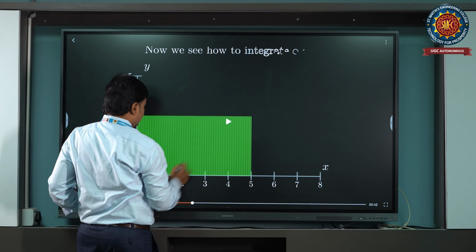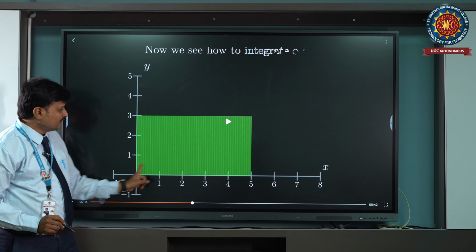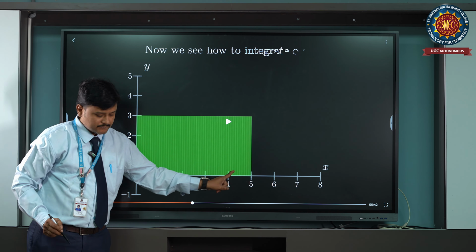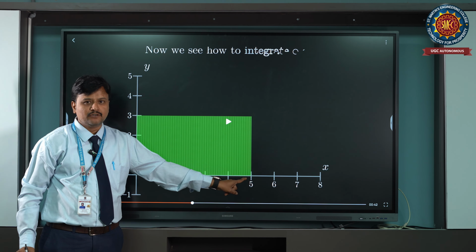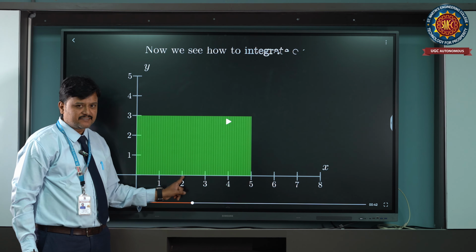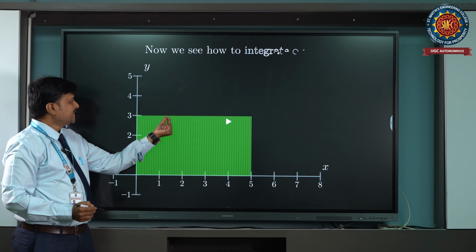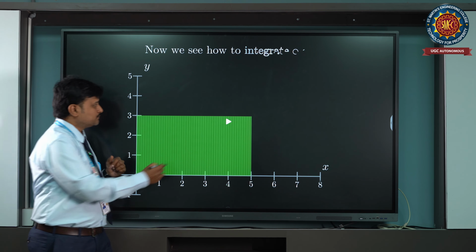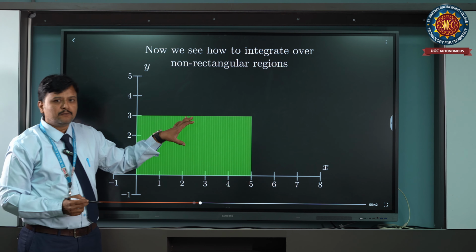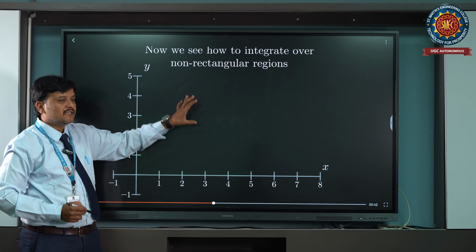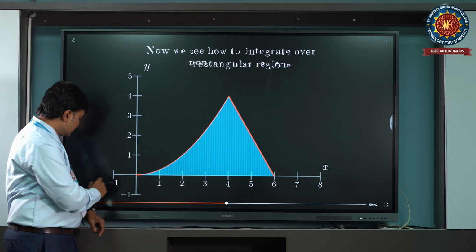So here, see, x is equal to 0 to x is equal to 5, and y is equal to 0 to y is equal to 3. Okay, this is about rectangular regions. The limits are always constants only.